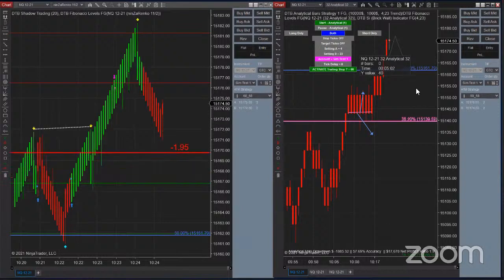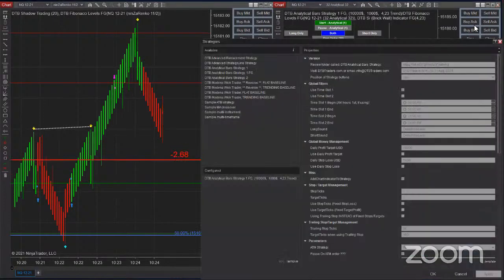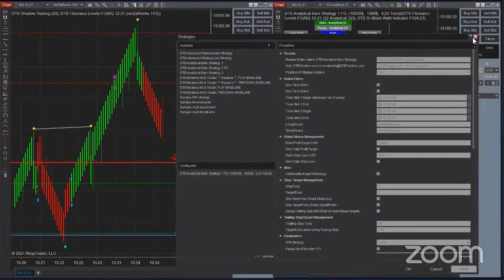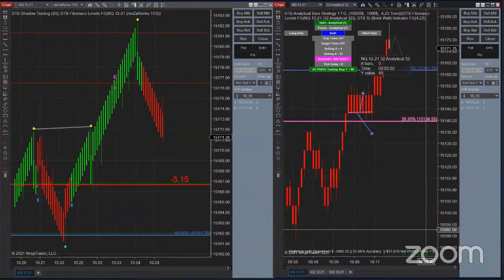And I guess you would do this if the strategy that you've got active is not actively entering positions. But if you had a smaller bar size, you probably would be in more positions.